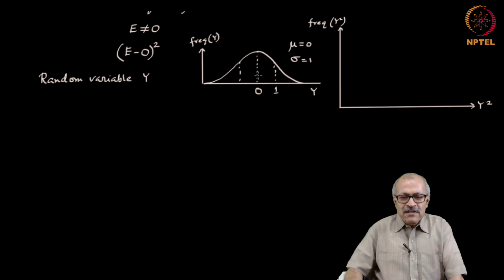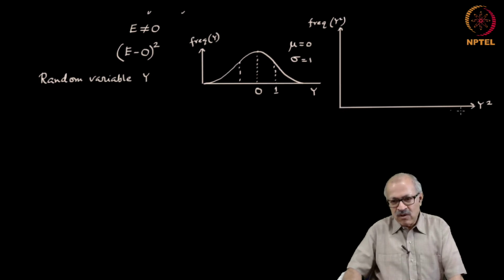So, there would be a very large number of points very close to 0, and since y square is positive, I can only draw the positive side. It will have a very large value very close to 0, and then it will taper off for higher values of y. By that logic, you can anticipate the behavior to be something like this.